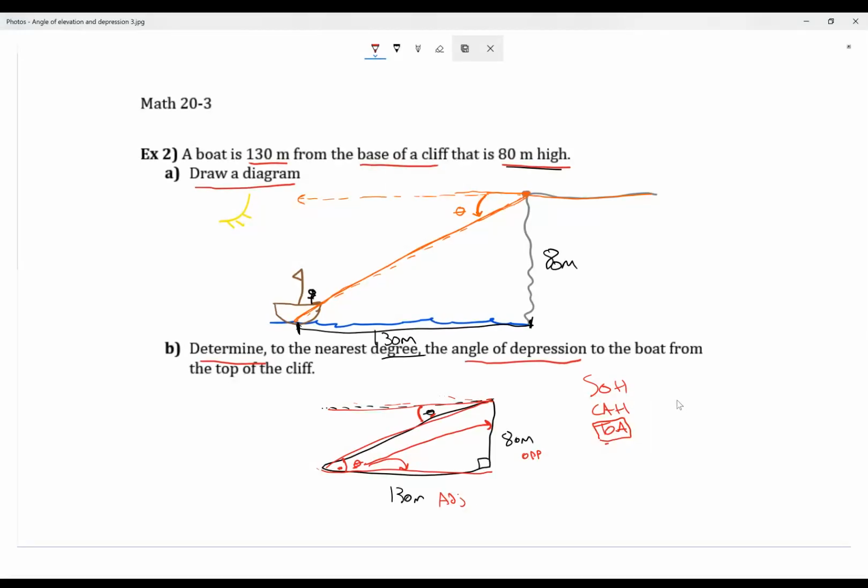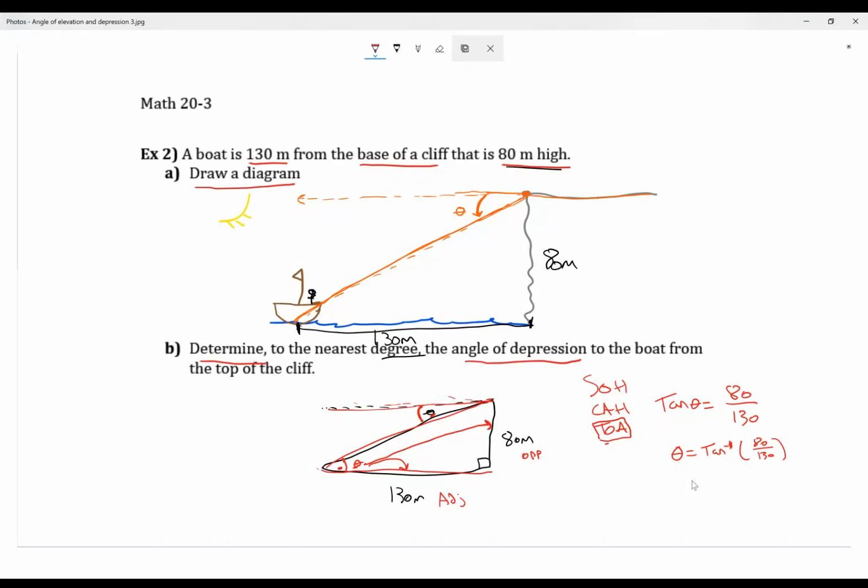So I'm going to use tan. So the tan of my angle will be the side opposite, 80, divided by the side adjacent, 130. Now, to find the actual angle theta, you take the second function tan, so tan^-1 of 80 divided by 130.